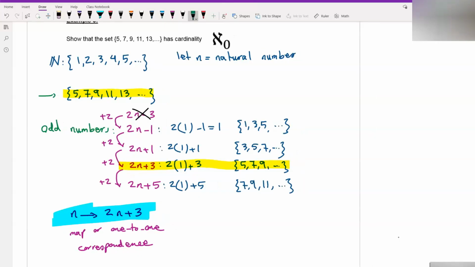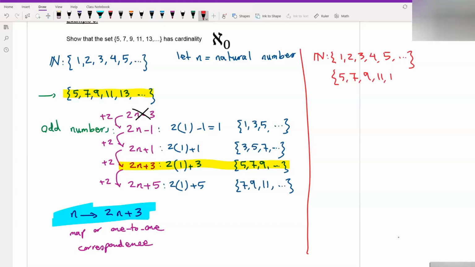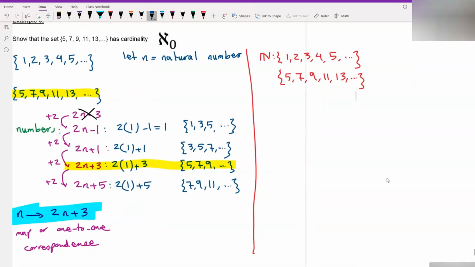Now another method, instead of writing all these. For this part, using the given set, we have 5, 7, 9, 11, 13.